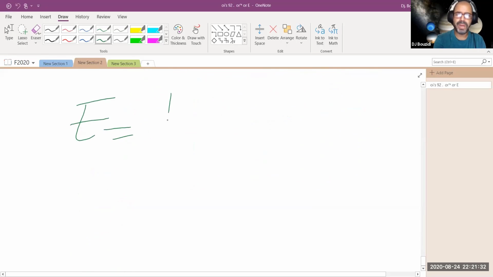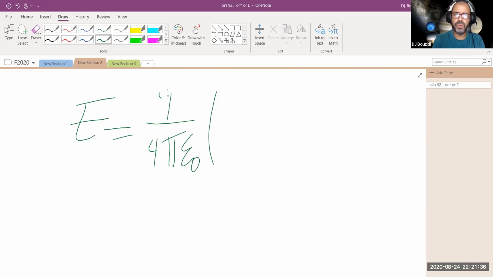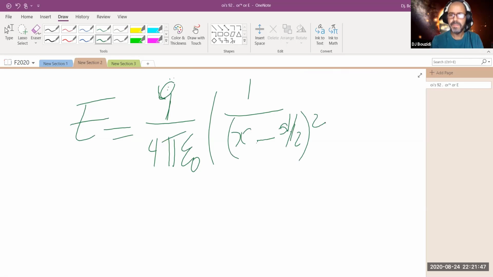The 1 over 4 pi epsilon naught is the same for both of them. The Q is the same. It's going to be positive for the positive charge. Remember, it's x minus d over 2 squared. And minus, let me move this thing away because it's in the way.